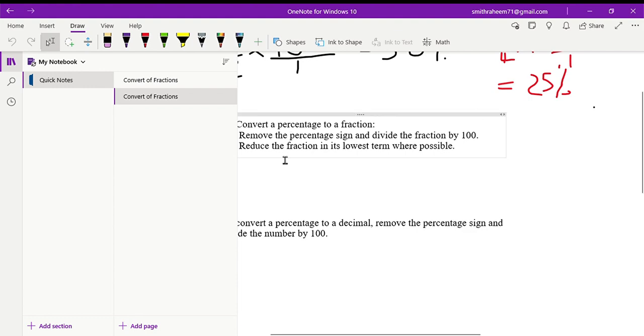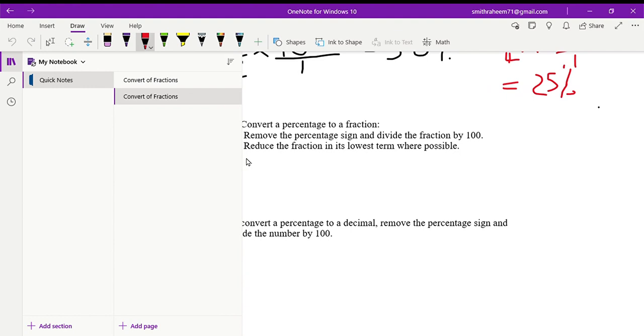So let's say you have 25%, and you want to convert this 25% to a fraction.